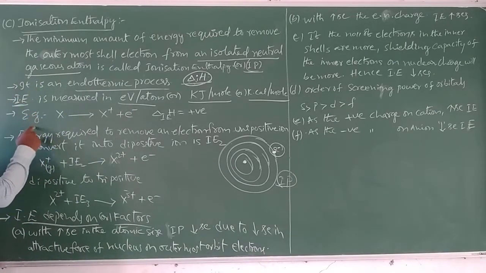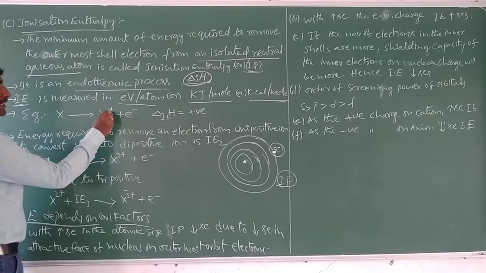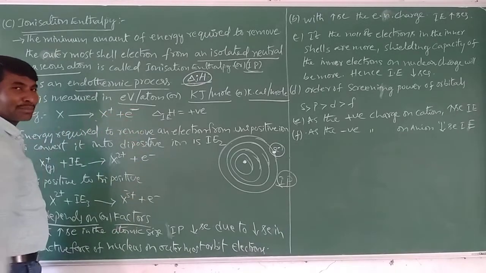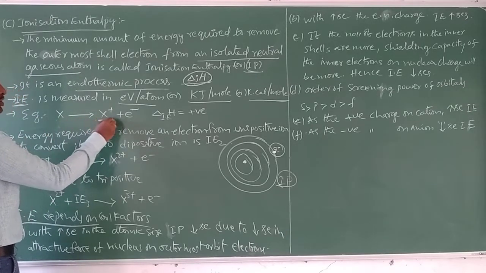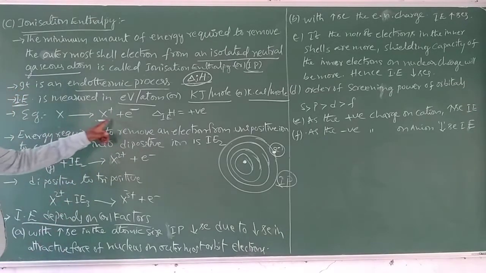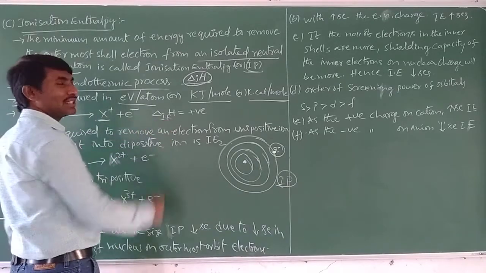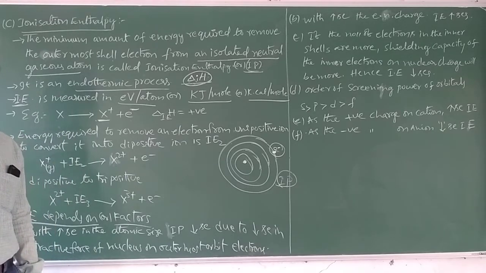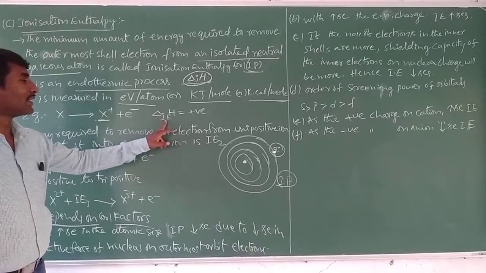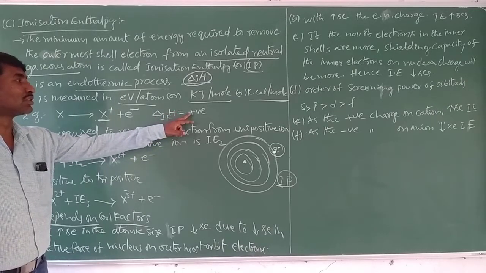For example, take the reaction X gives rise to X plus plus an electron. The electron is removed, so it gets a positive charge. This is the first ionization enthalpy, where delta IH is positive.